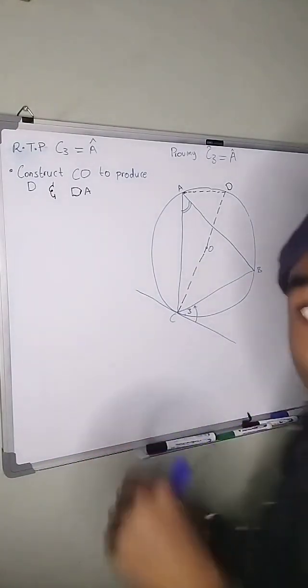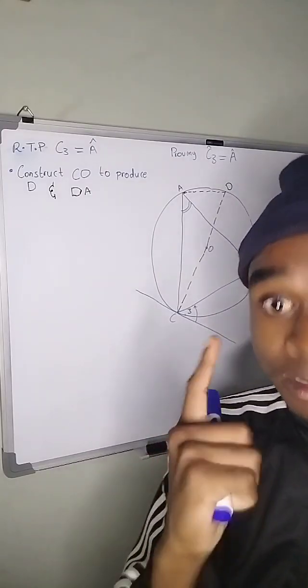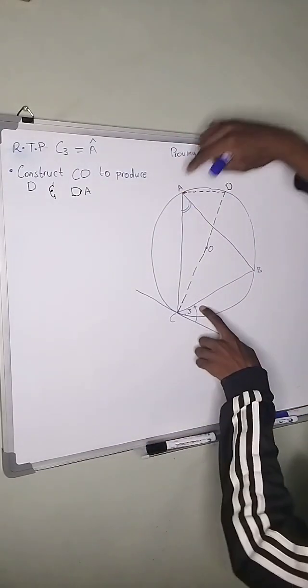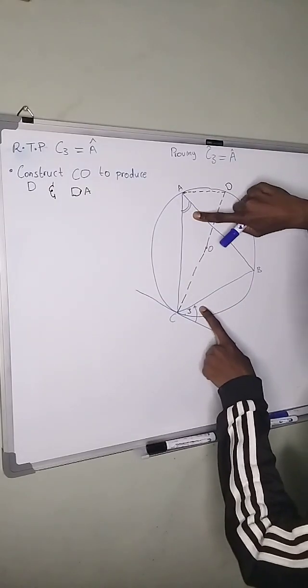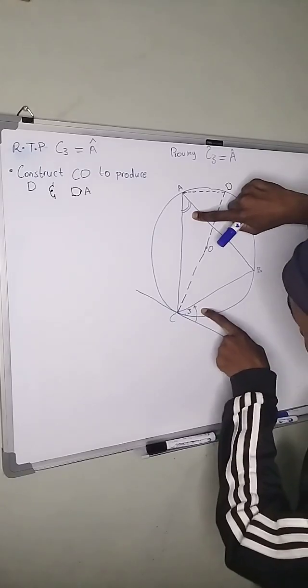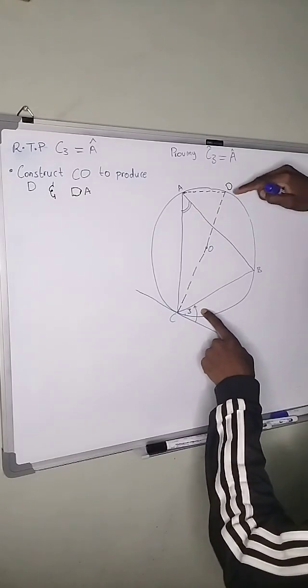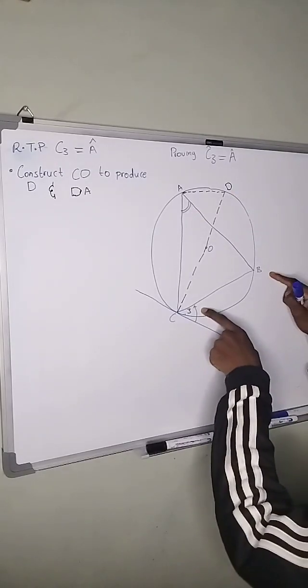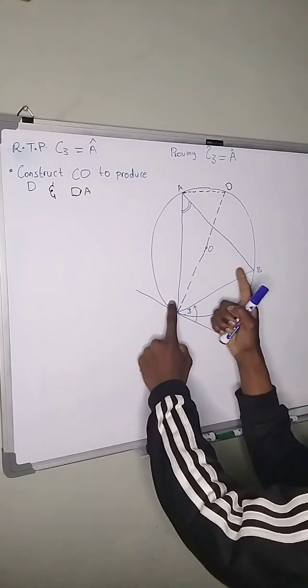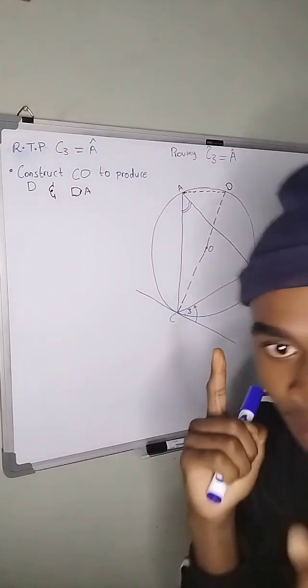I'm repeating: if you are joining DA, you are proving that this angle is equal to that angle. If you are joining DB, you are proving a different angle equality.